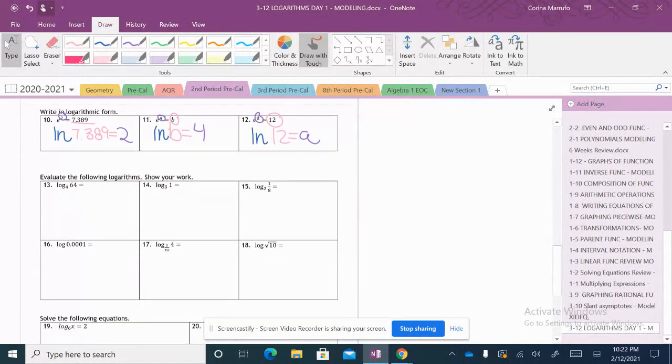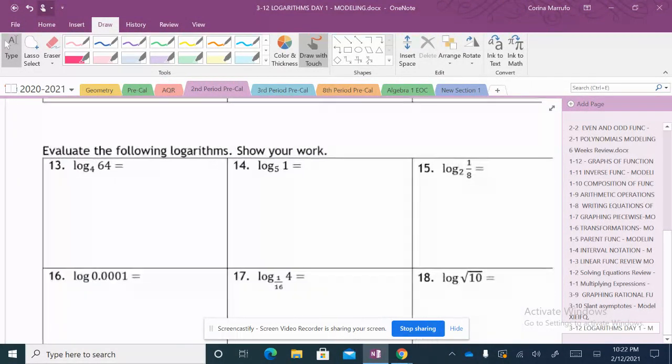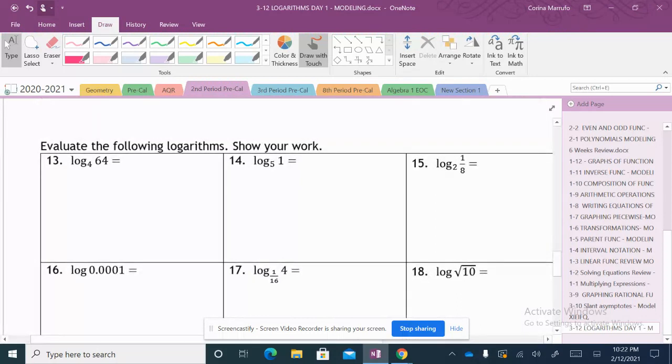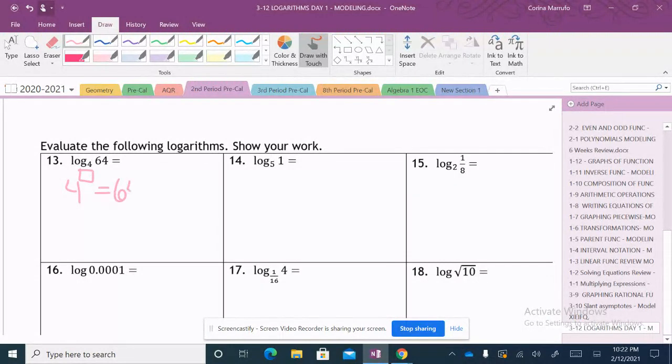All right, so it says evaluate the following logarithms, show your work. Okay, so here we have log base 4 of 64 equals blank. Since they want us to show work, I'm going to rewrite in exponential form. It is asking 4 to what power, we don't know what that power is, equals 64.